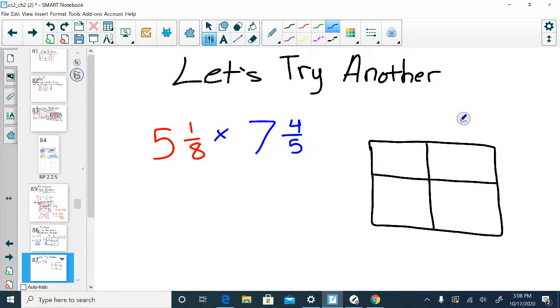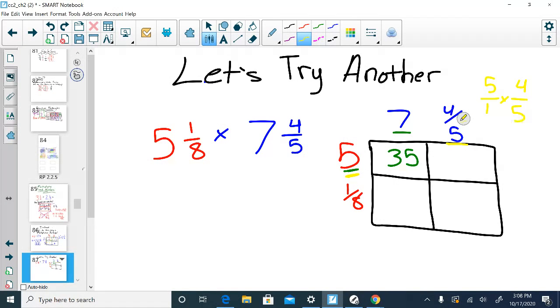All right, so here we go. If we divide this into 5 and 1/8, and then 7 and 4/5, then we can do 5 times 7 equals 35. 5 times 4/5, well, that's going to be 5 over 1 multiplied by 4 over 5.